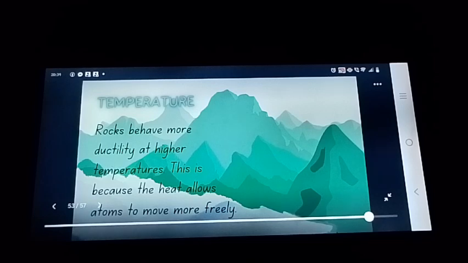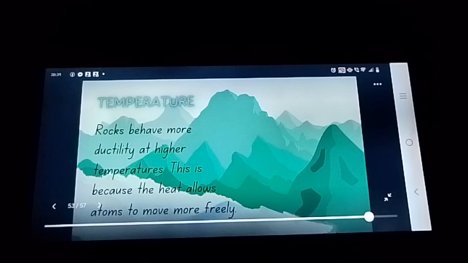Here's why. Atomic movement: at a higher temperature, the atoms within a rock vibrate more rapidly and have more energy. Mineral strength: the strength of minerals decreases with increasing temperature. Melting point: as temperature increases, rocks get closer to their melting point.